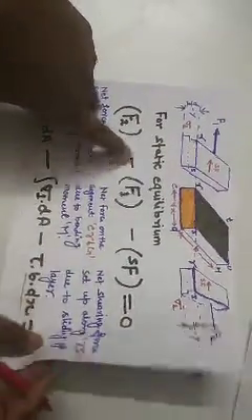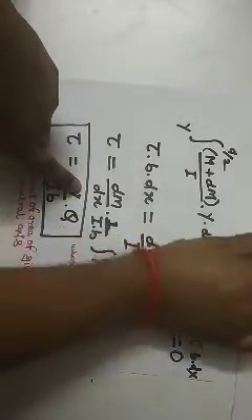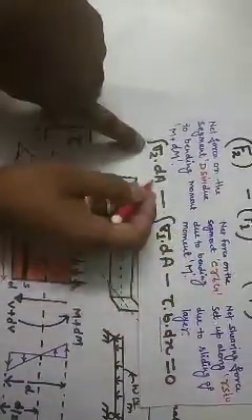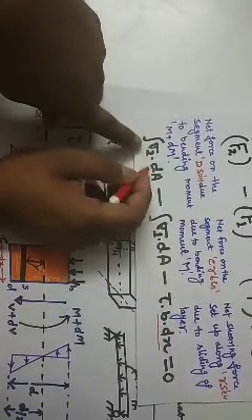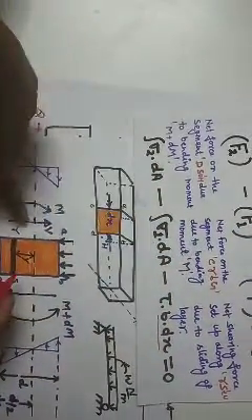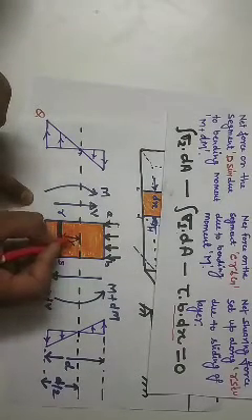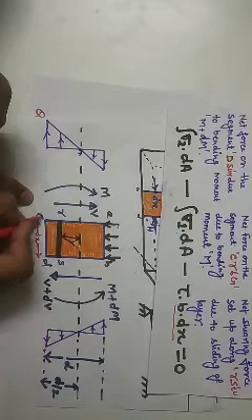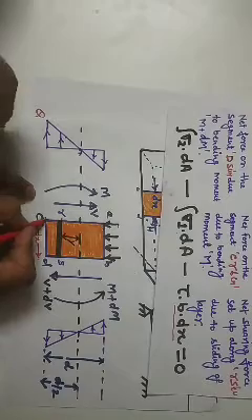Further simplifying this equation, for the limit of dA, dA will be B into dy. Then this limit is varying: for portion RSCD, y varies from y to d by 2.